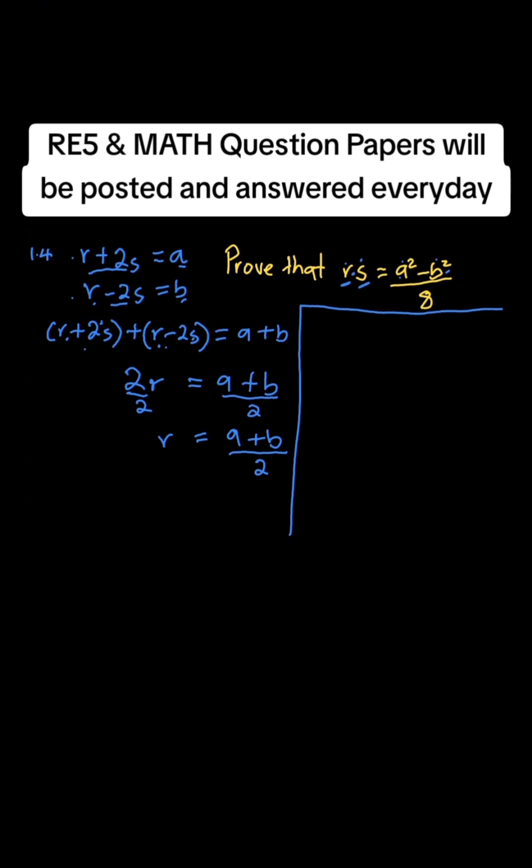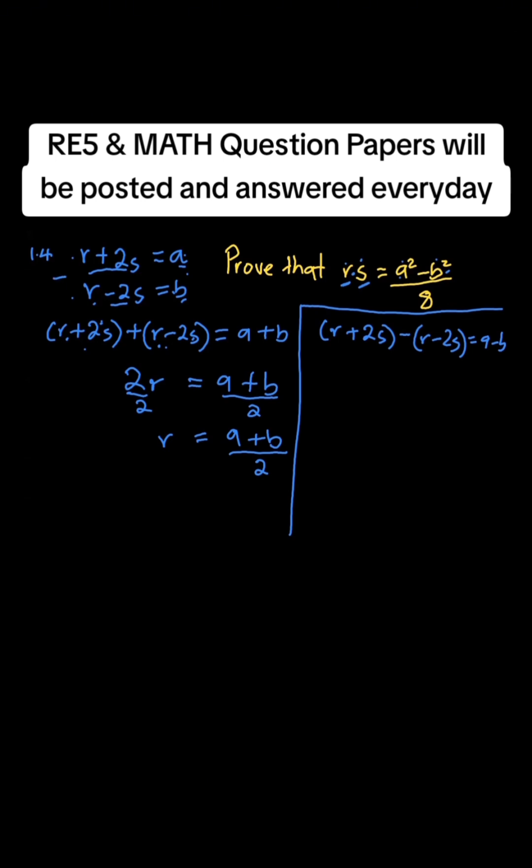So you have (R plus 2S) minus (R minus 2S) is equal to A minus B. We are not adding, however, we are subtracting.